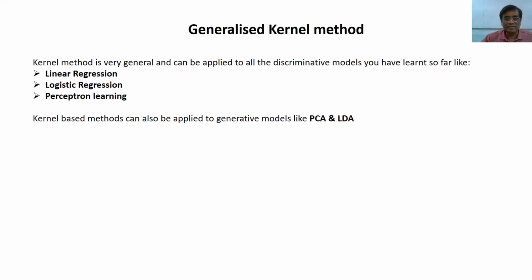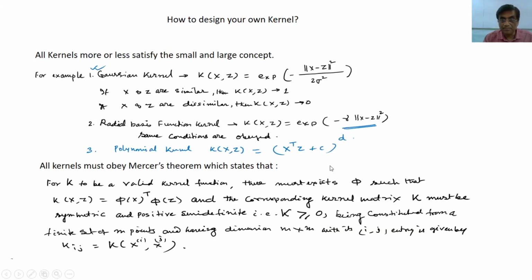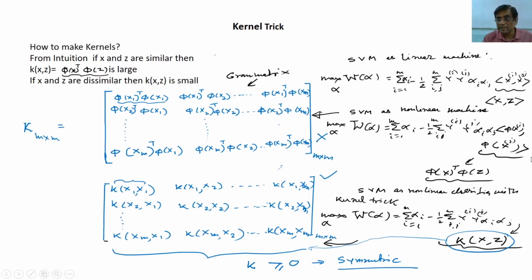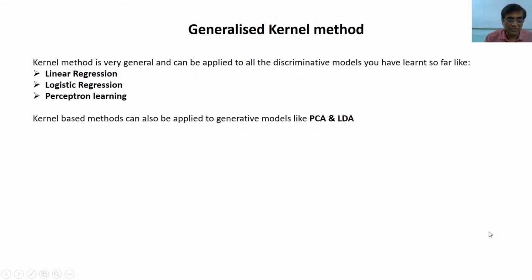You need to make a little modification so that something like this dot product is there. Your learning algorithm should be modeled in terms of that. That is called kernelization. So we can kernelize linear regression, logistic regression, perceptron learning.